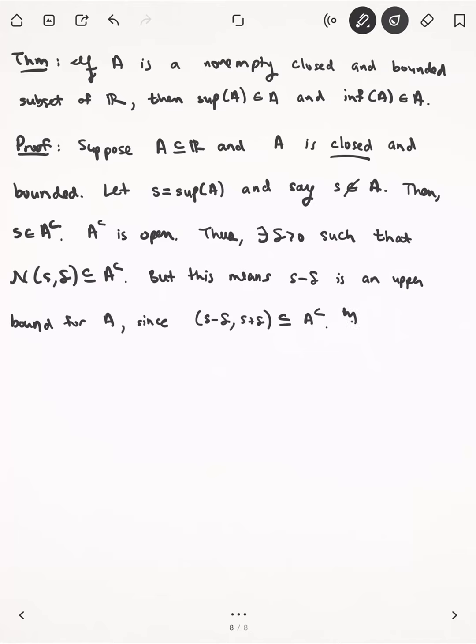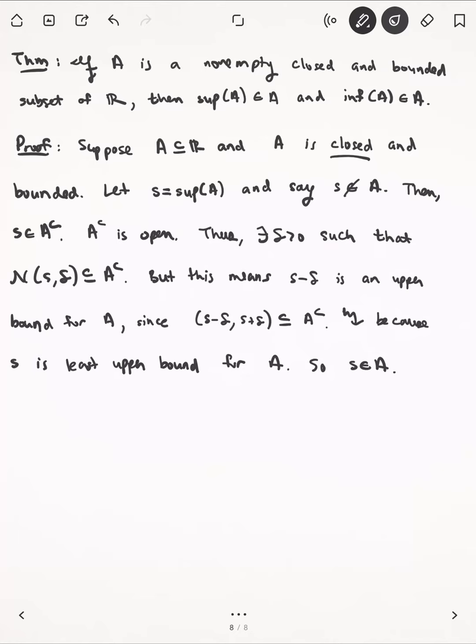This is a contradiction because S is the least upper bound for A. So S must be in A. And again, the proof for the infimum is pretty much exactly the same, but on the other side. And so I'll let you think about how to do it.